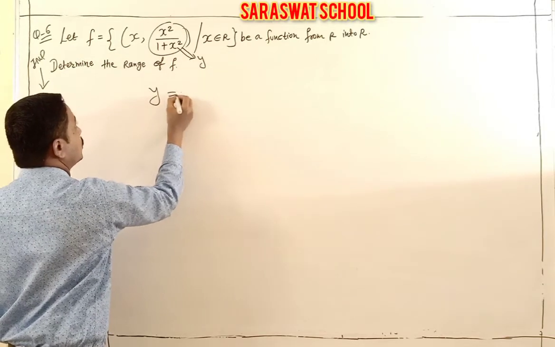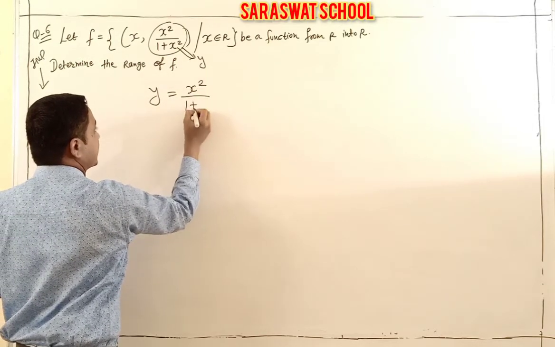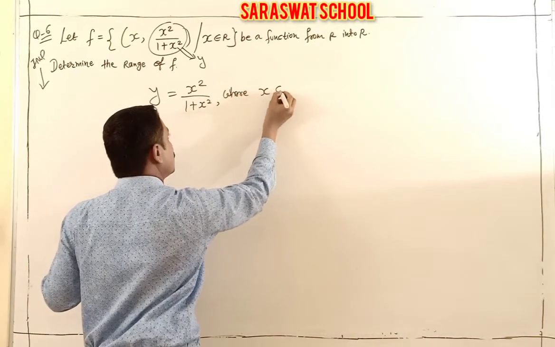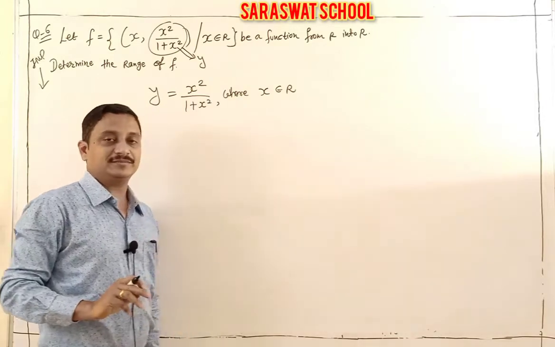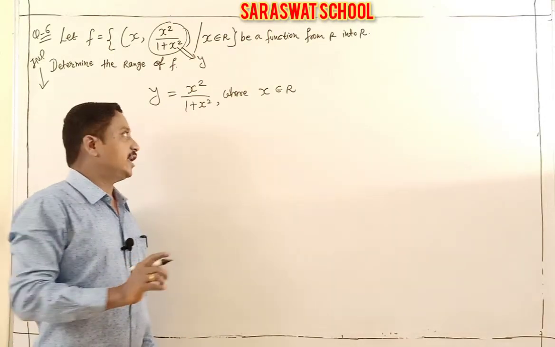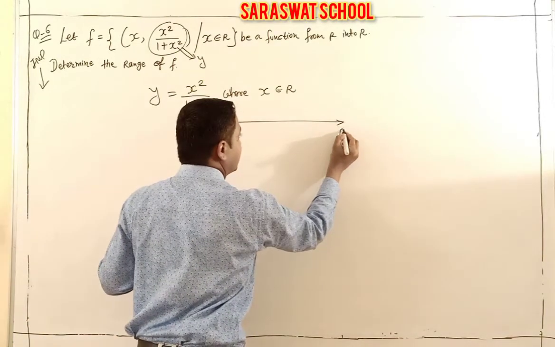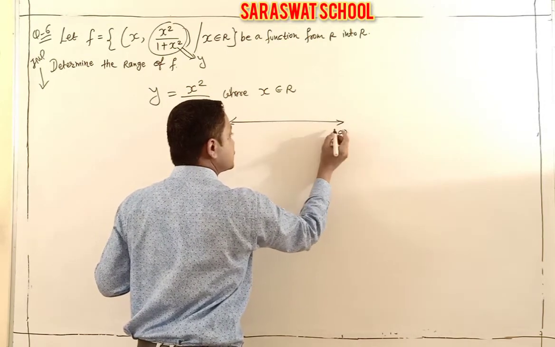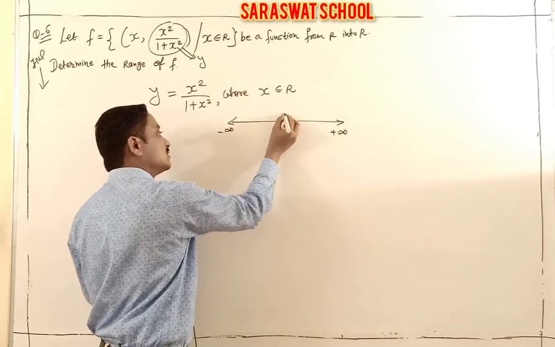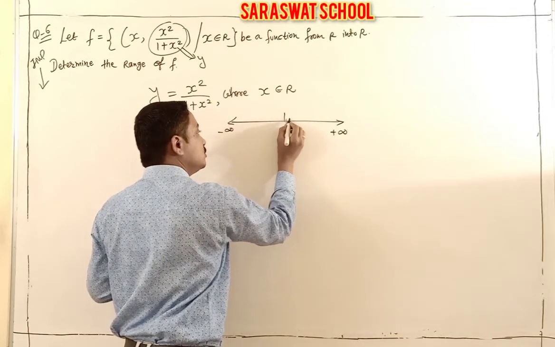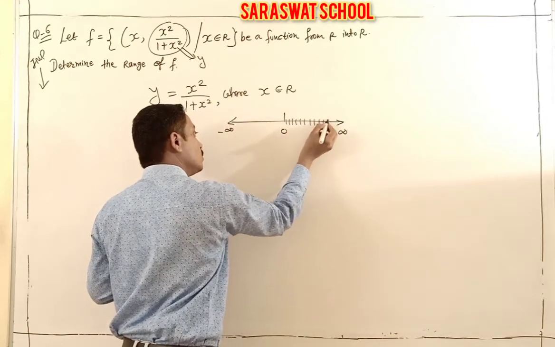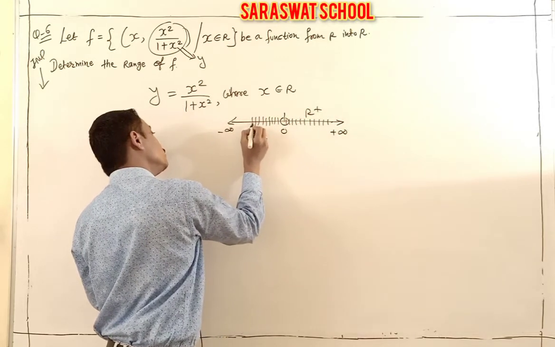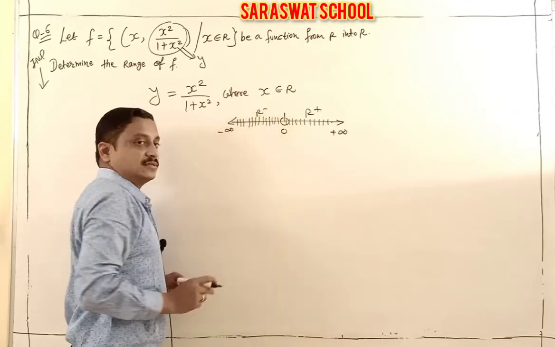So y is equal to x square by 1 plus x square, where x belongs to any real number. Yes students, again I explain the real numbers. Here R positive range, either write infinity plus, here infinity minus, here 0, and this region is R plus, and this region is R minus.